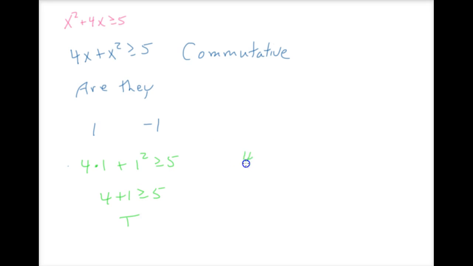And 4 times -1 plus, protect your 1, -1 squared greater than or equal to 5. We have -4 plus -1 squared. Whoops, shoot, blew that one. Let me just get rid of this. -1 squared is 1. Oh, I could have just got rid of some of that, not all, but oh well. Here we go. Plus 1 is greater than or equal to 5.